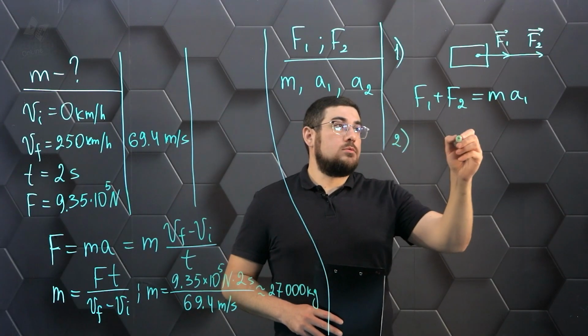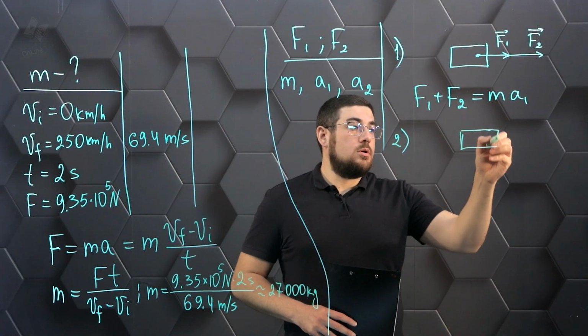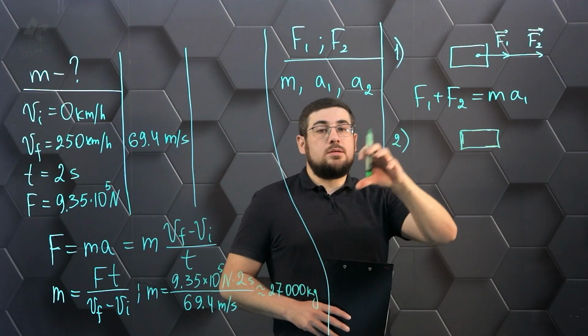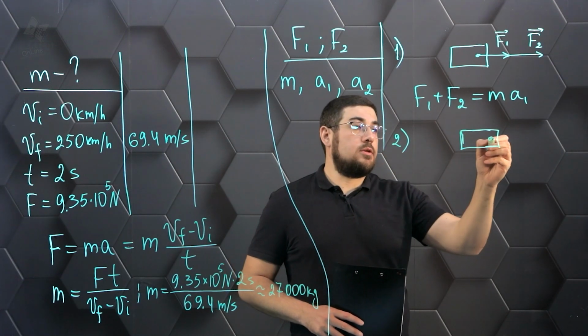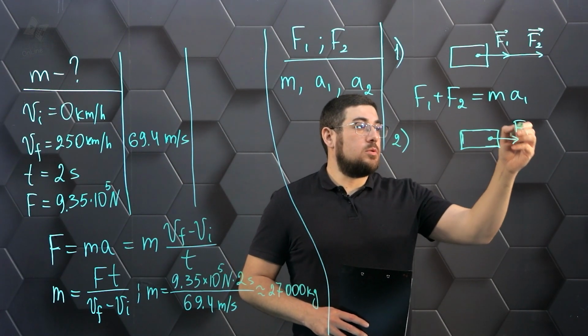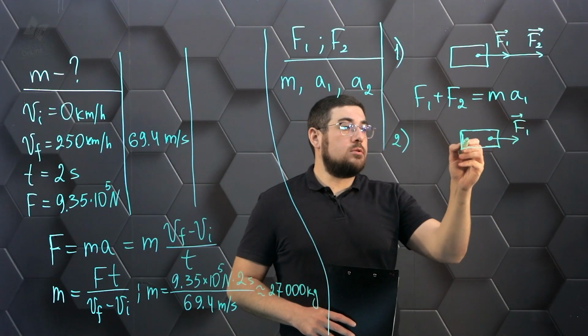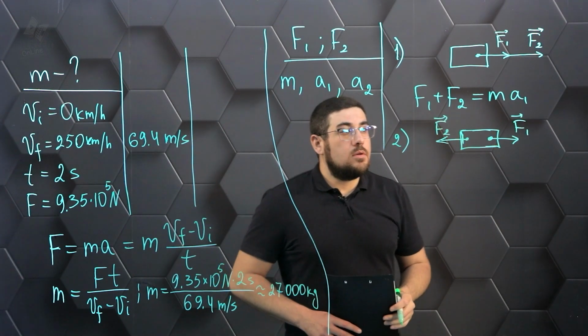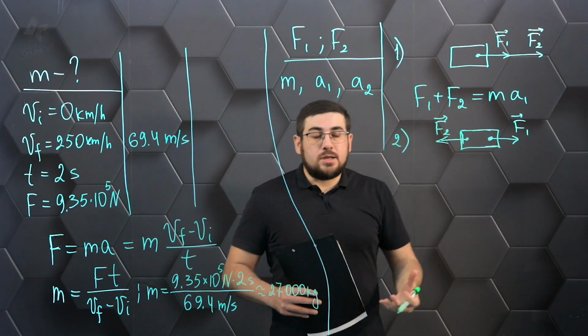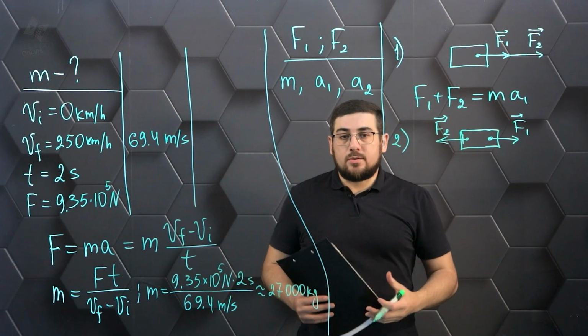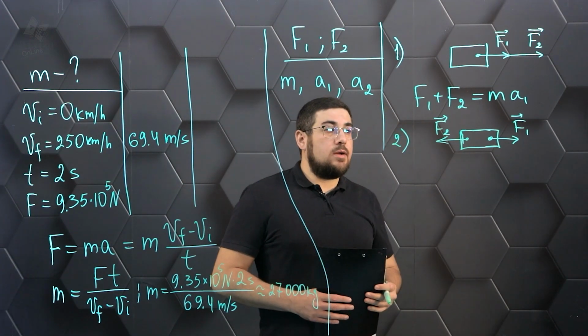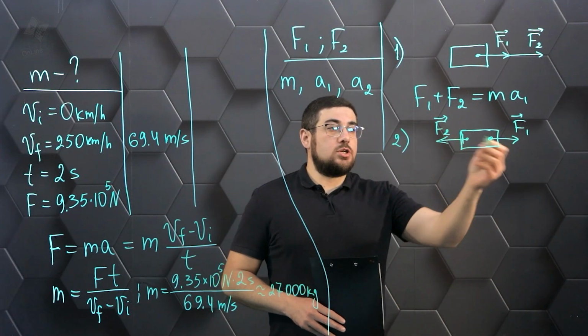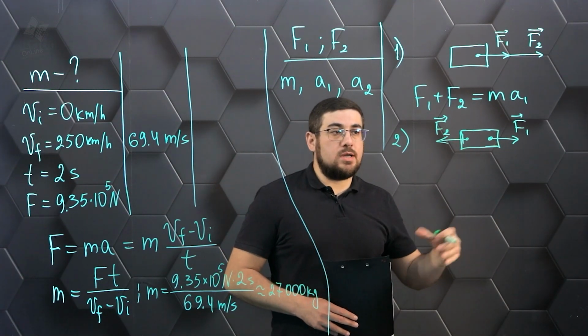What happens in the second case? One of these people starts pushing this body in the opposite direction. Let's assume that the force F1 remains acting in this direction. And in the opposite direction, the force F2 starts to act. And the body now gets acceleration. We don't really know in which direction, because we don't know the relationship between these forces, which one is greater, which one is less.